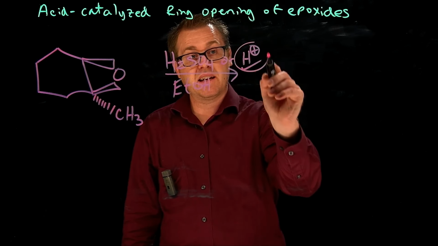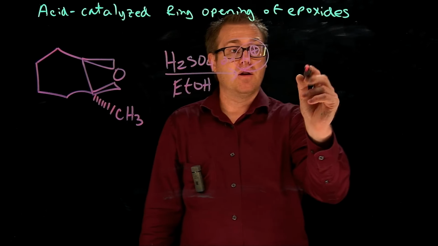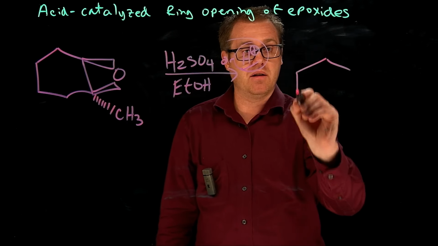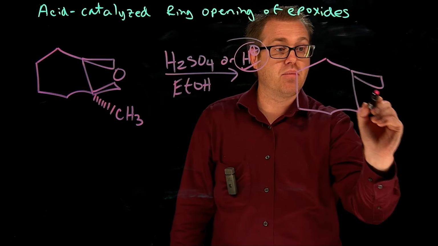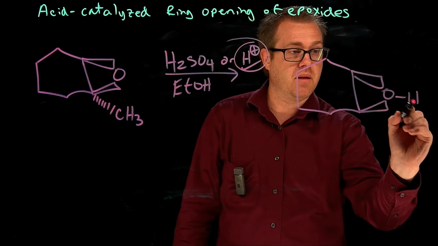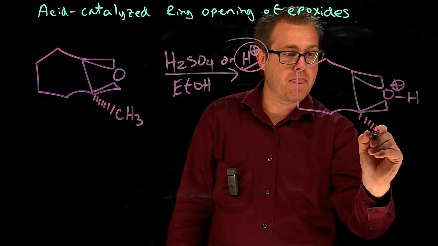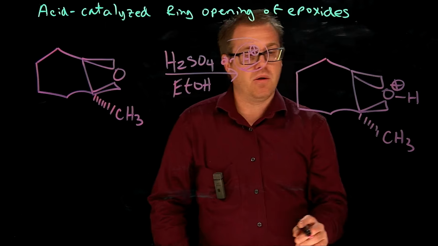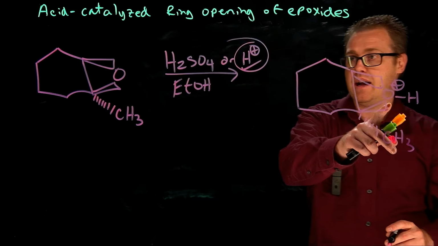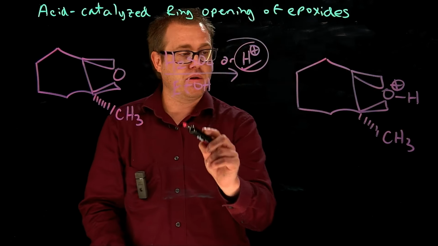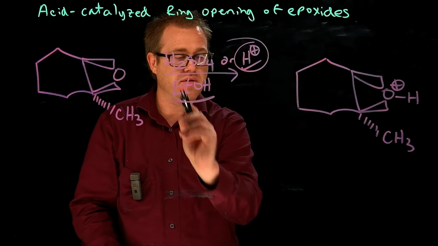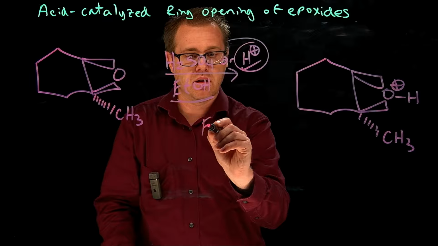So then what would our product be? Well, we're under acidic conditions. So that means one of the intermediates here is going to be a protonated epoxide, right? So if we have a protonated epoxide, where's our weak nucleophile going to attack? And our weak nucleophile here is our alcohol.